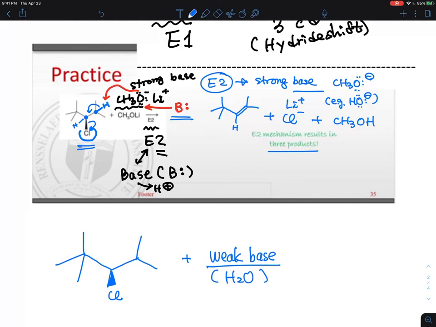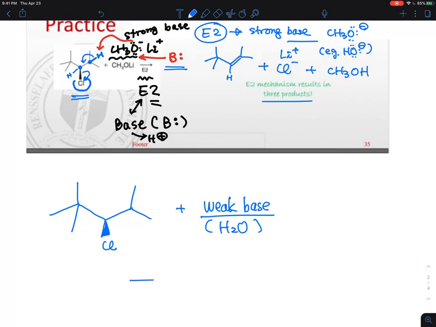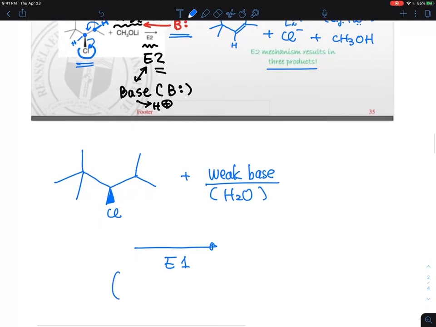So if you have a weak base, what's going to happen is this will be an E1, meaning it just, in a way, self-generates a carbocation by having this chlorine as a leaving group.